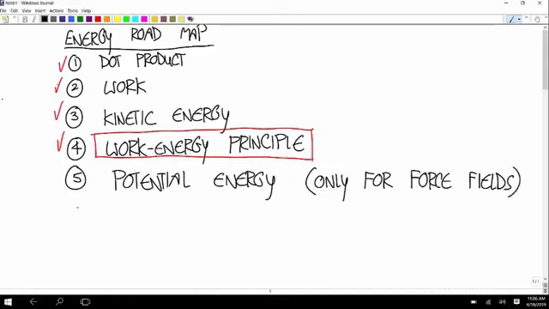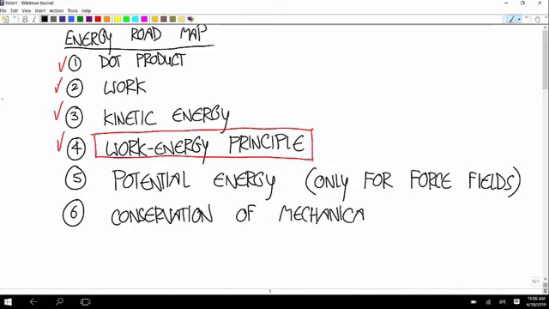And then once we've done that, we'll talk about conservation of mechanical energy. This is the general one. This is a special case of the work energy principle.